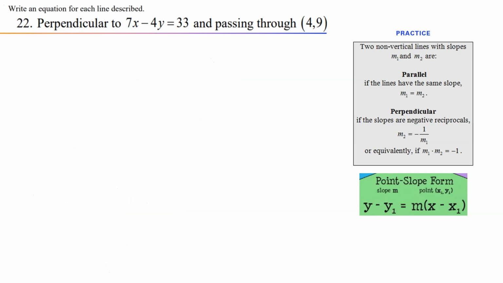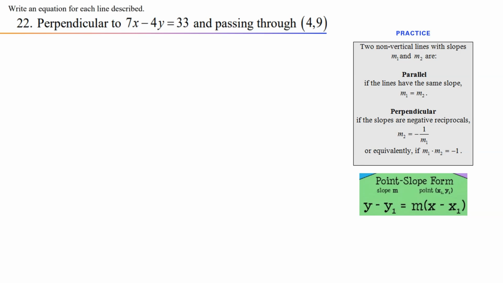Number 22, similar, right? But in this case we have perpendicular, so we solve for the y first, and then from that we know the m, the slope of the given equation.